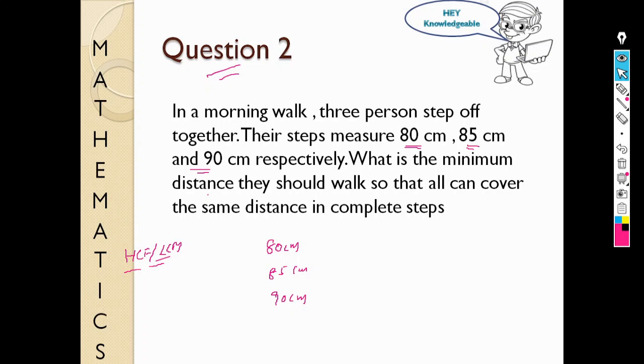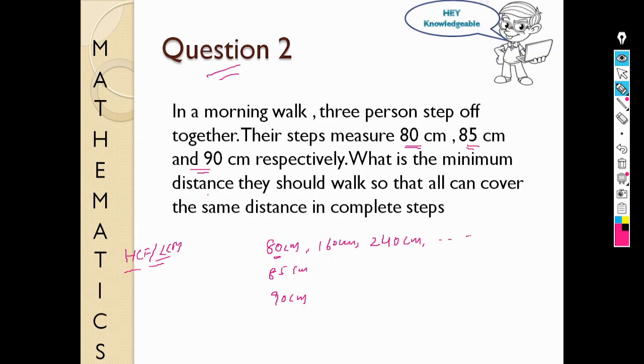A person whose step measures 80 centimeters will walk in multiples of 80 centimeters, meaning after one step he has gone 80 centimeters, after two steps he has gone 160 centimeters, and after the third step he has gone 240 centimeters, and so on.